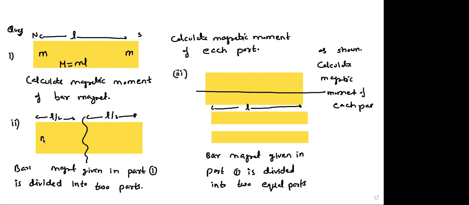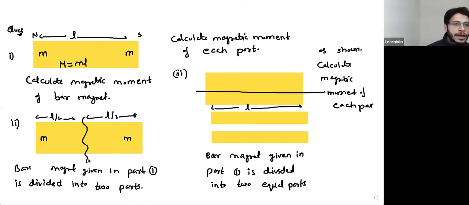If I calculate the magnetic moment of each part in the second case, it will be pole strength M multiplied by the length of each part, which is L by 2, so ML by 2.